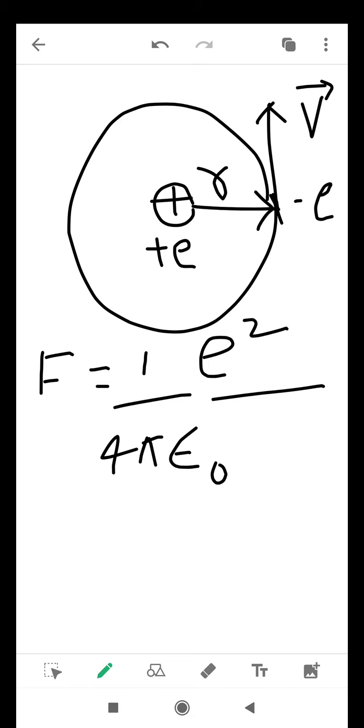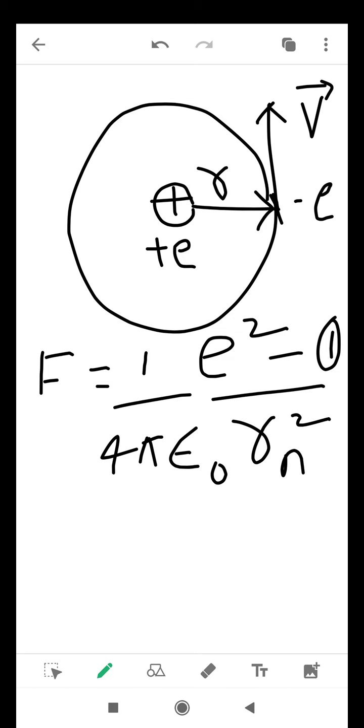This is the distance between the nucleus and the electron. Let us call this equation number 1.